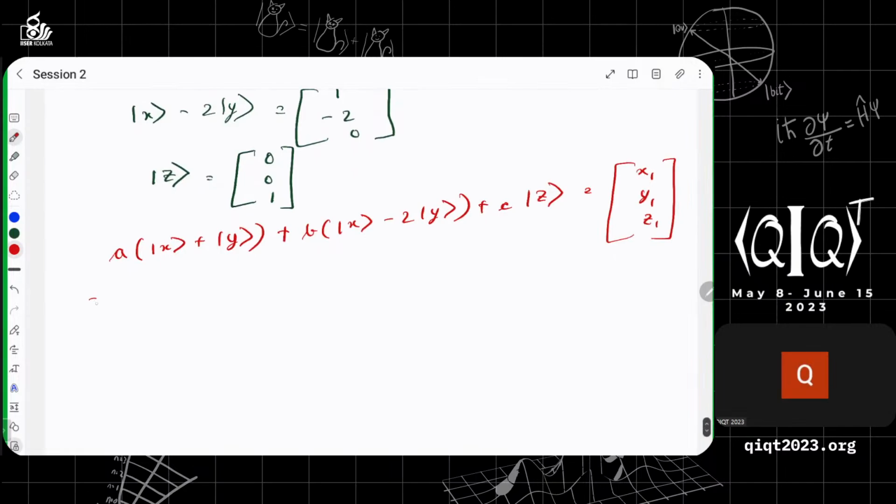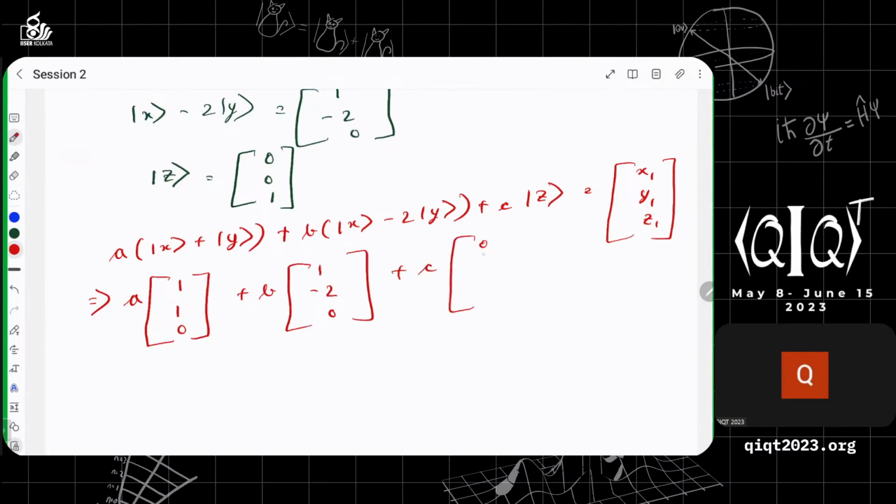So now if we write this in terms of column matrices, this would be a times 1 1 0, b times 1 minus 2 0, and c times 0 0 1, and this would give me x1 y1 z1.